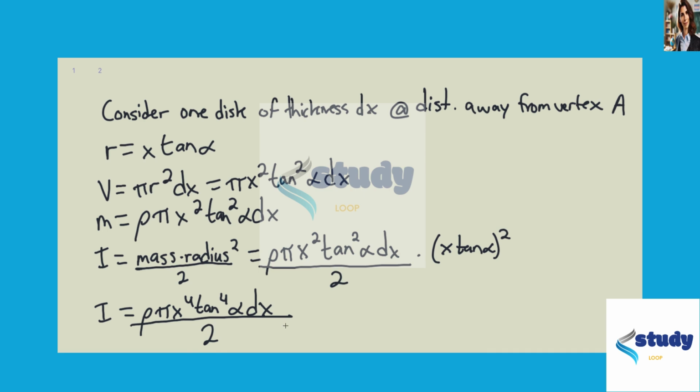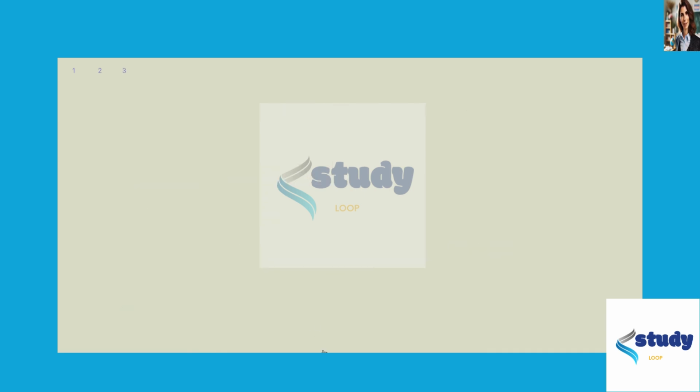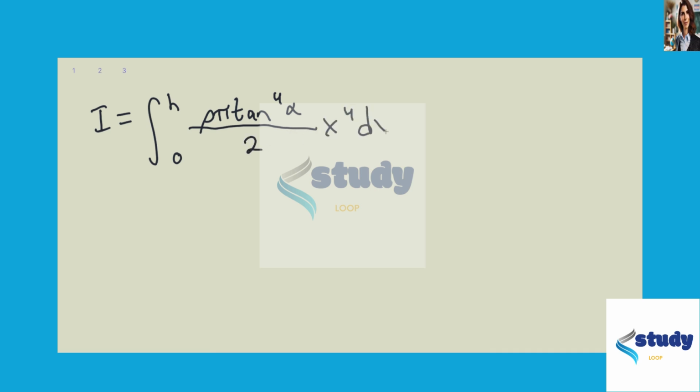And at this point, we can integrate. So we can say that I is going to be equal to the integral from 0 to h of rho pi tan to the fourth alpha all over 2 times x to the fourth dx.